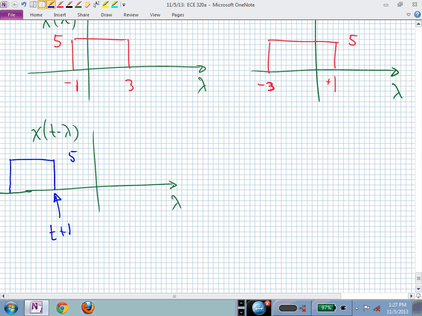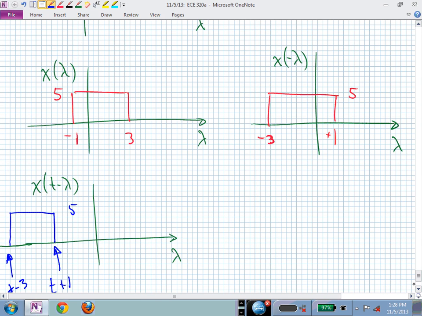Is that okay? What about the left side of x of t minus lambda? That's t minus 3. And you can check that if I set t equal to 0, I get back x of minus lambda. And yes, I do. And that blue plot would now be lying on top of the blue plot.